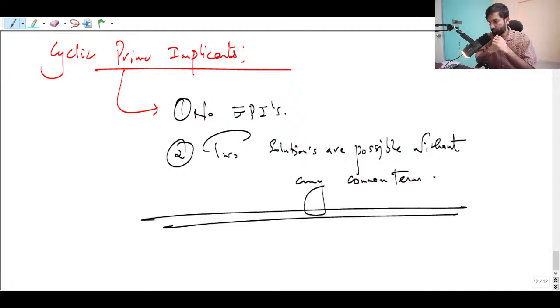And if you want to compute how many cyclic PIs are there, right? So that will always be 2n, right? 2n, where n is nothing but the size of the K map.